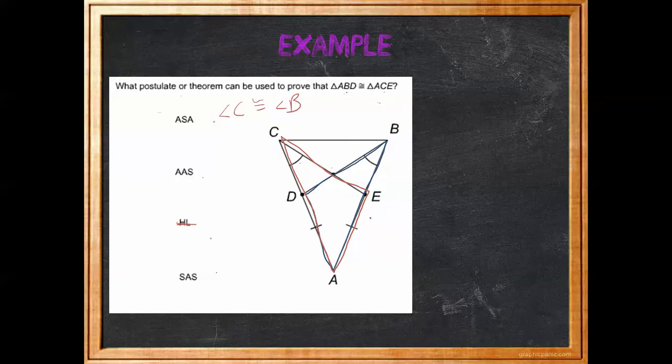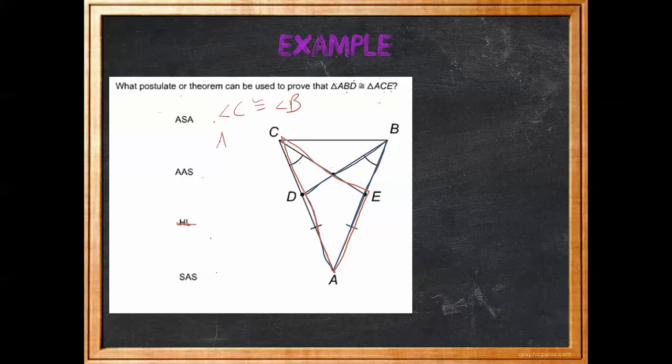The other information we have is that side AE is congruent to side AD. If we look here, side AE, or EA, is congruent to side DA, so those are corresponding sides.